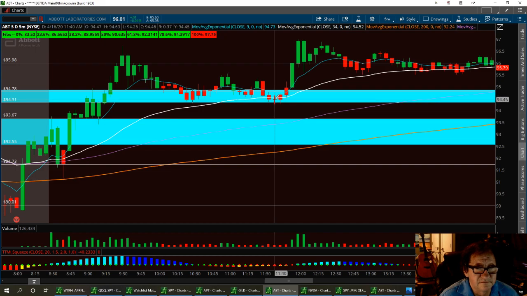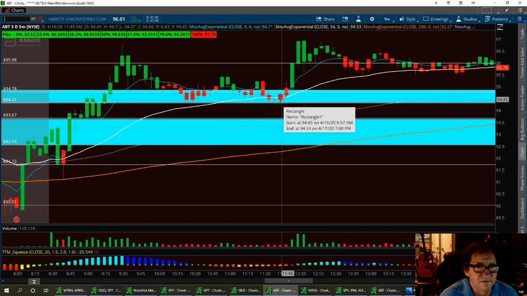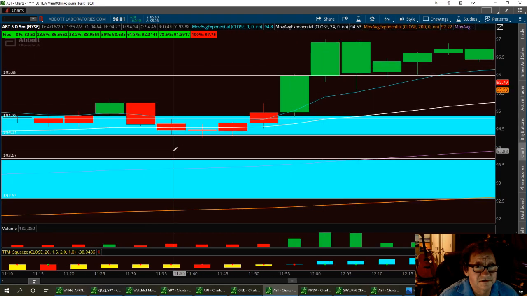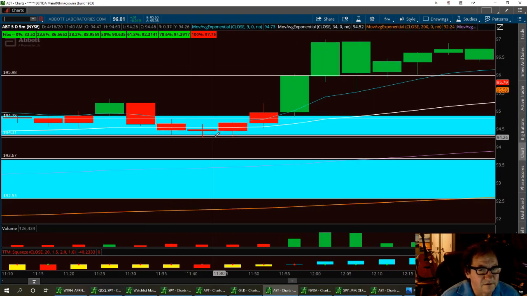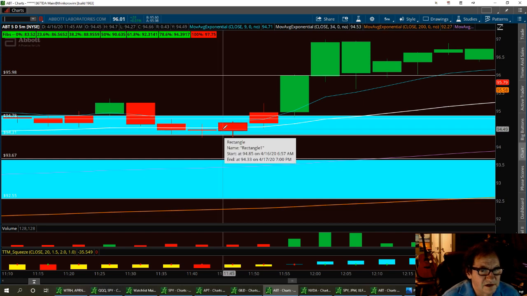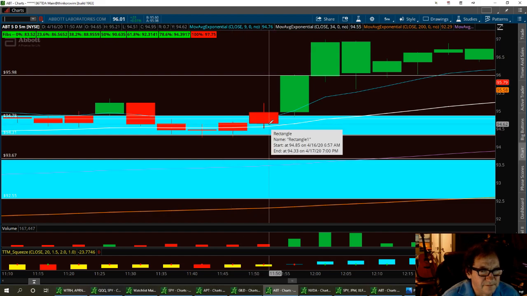You had this beautiful candle right here, which is called a doji, and she went ahead and had engulfing candles right after that. The next candle was above that doji. And this is what you got to learn when you're studying chart patterns and candle patterns. This is a bullish sentiment right here when this next candle pulled back to that doji and created a high, and then the next one came in and did the same thing.